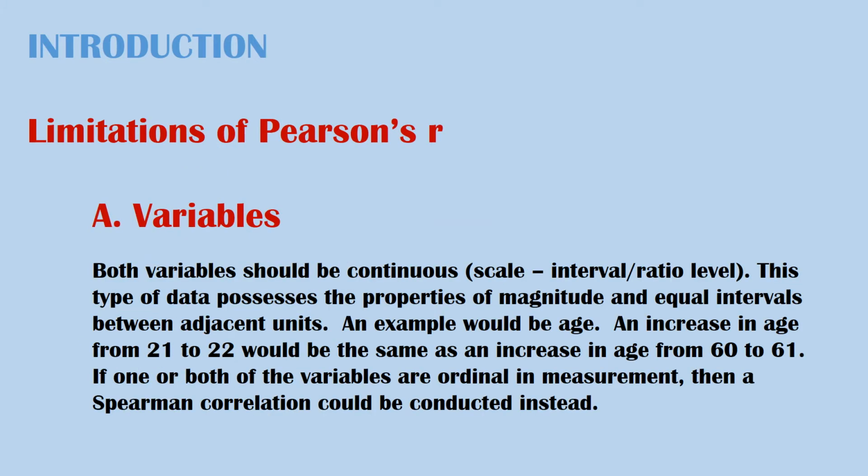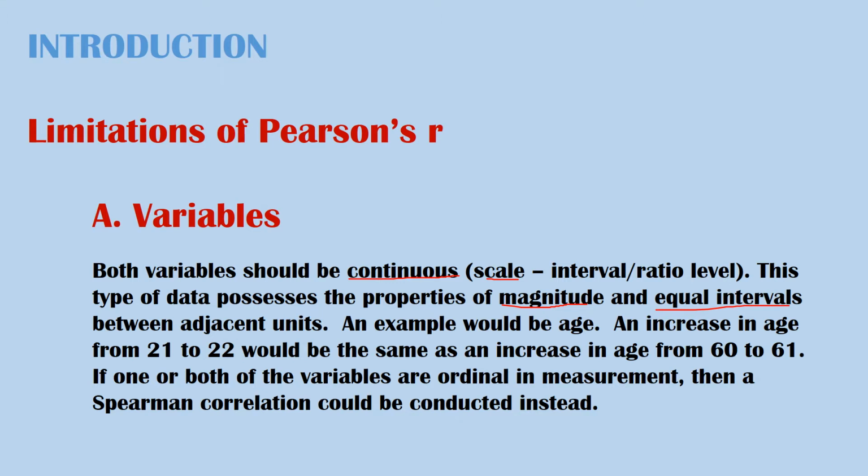Just like any tool, Pearson's R has its limitations. In terms of variables, both variables should be continuous, or what we call the scale variable, whether interval or ratio. This is because this type of data possesses the properties of magnitude and equal intervals between adjacent units.